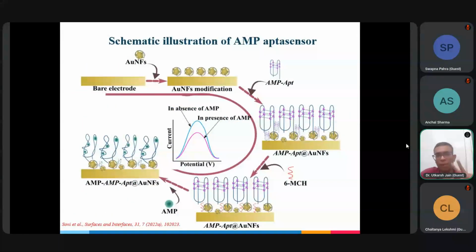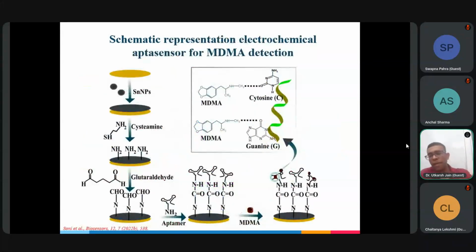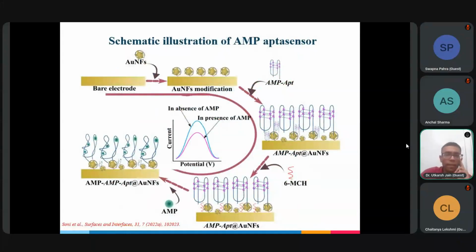So we developed two types of sensor: an amphetamine aptasensor, and another one, an MDMA aptasensor. We used gold nanoflux, and then we coated the gold nanoflux with the aptamer sequences on the electrode surface, and we checked through electrochemical sensing whether the amphetamine is detected, since we knew that the aptamer was specific for amphetamine.